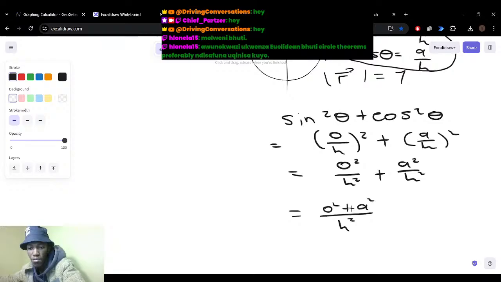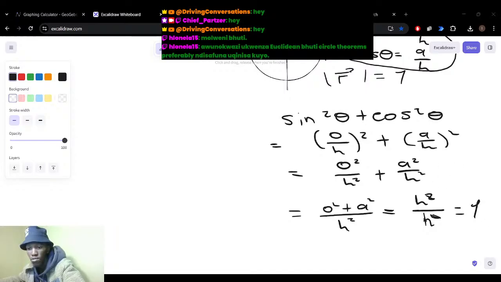So we can now substitute h squared over h squared, which equals 1. So we have seen that indeed sine squared theta plus cos squared theta equals 1.